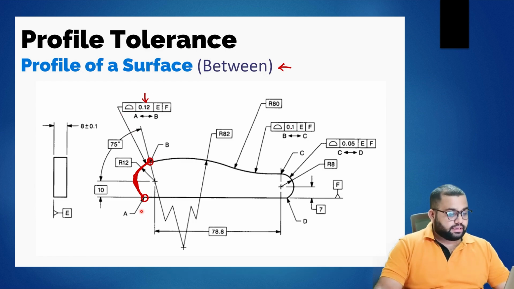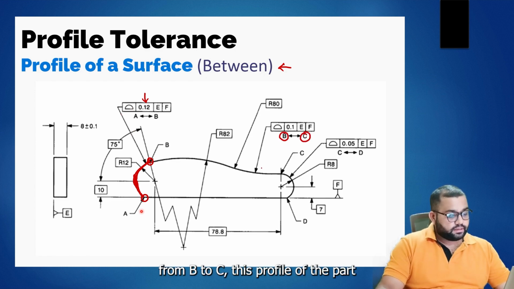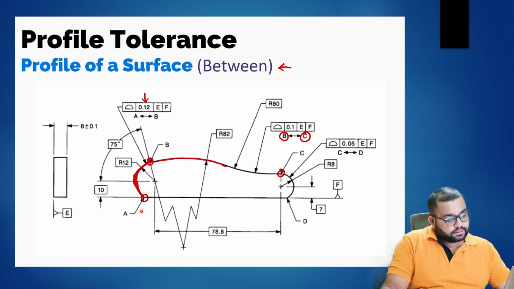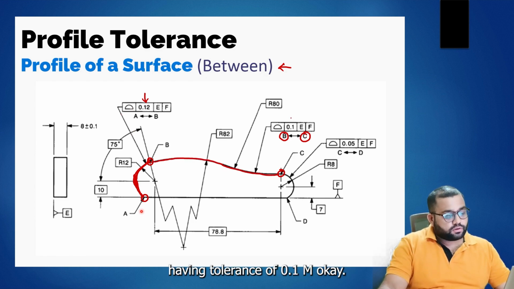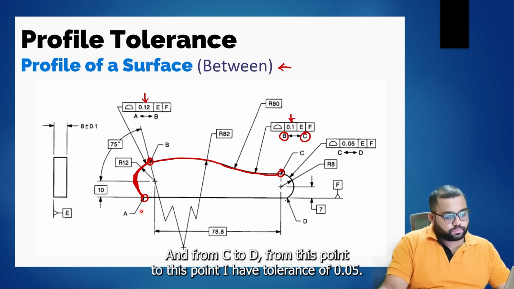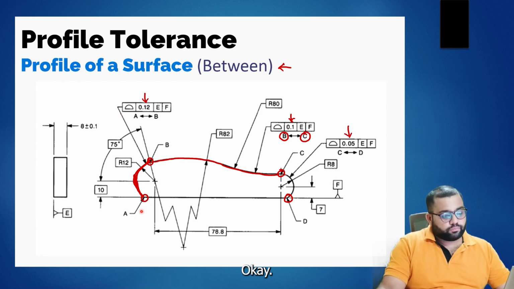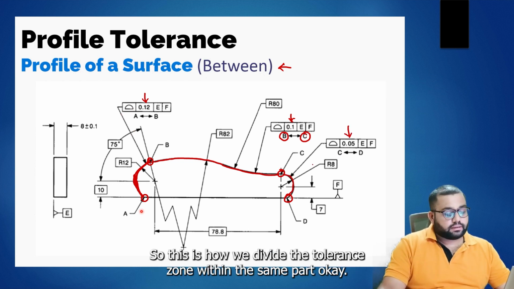But from B to C, this profile of the part has a tolerance of 0.1 mm. And from C to D, from this point to this point, I have a tolerance of 0.05.